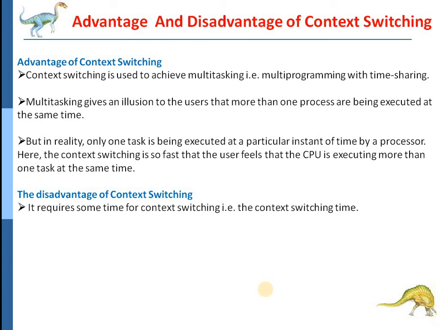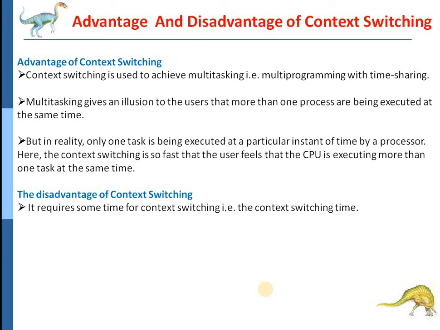Next, the disadvantages of context switching. It requires more time, that is the context switching time, because at the same time more than one process is being executed, so it takes some time.